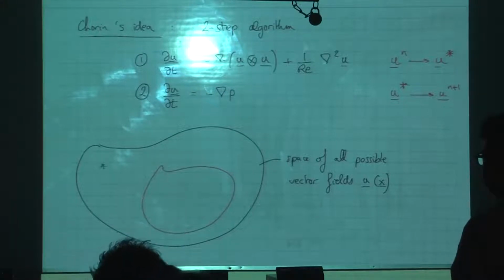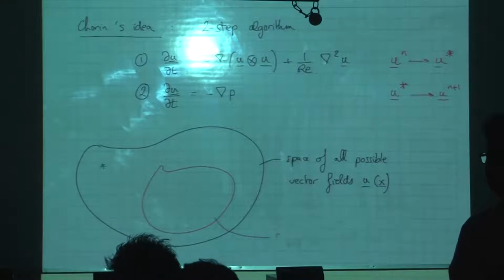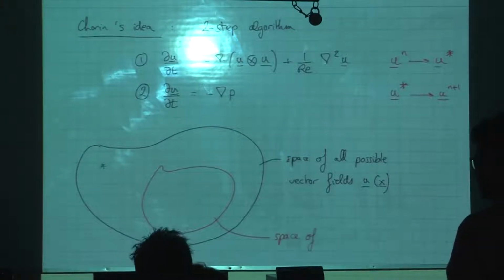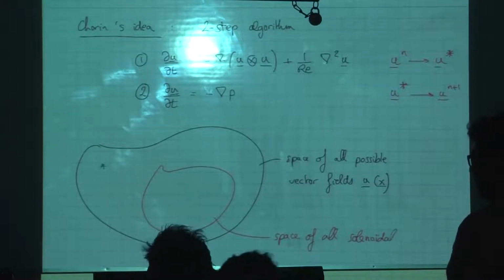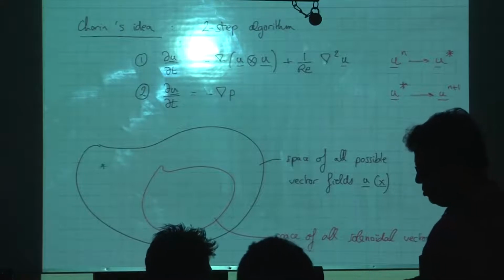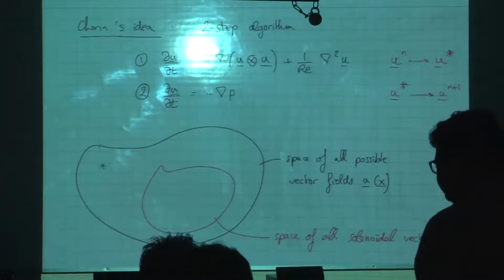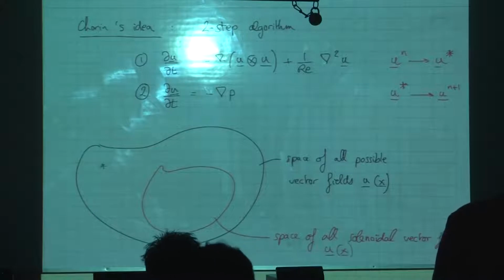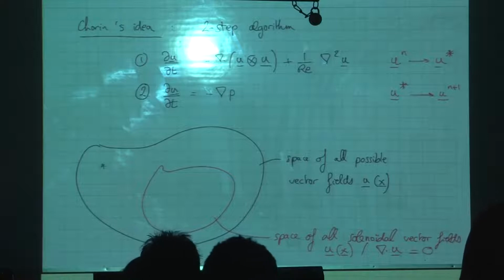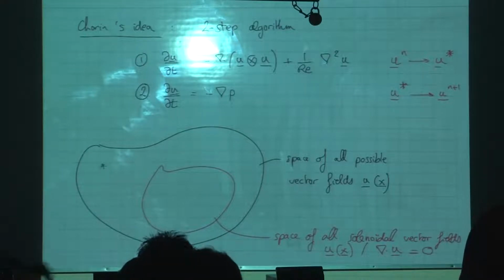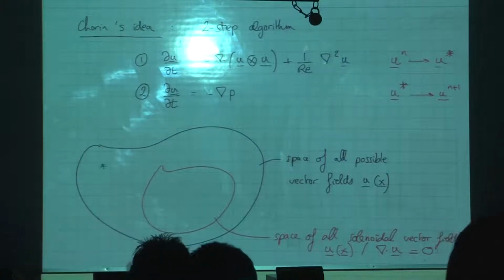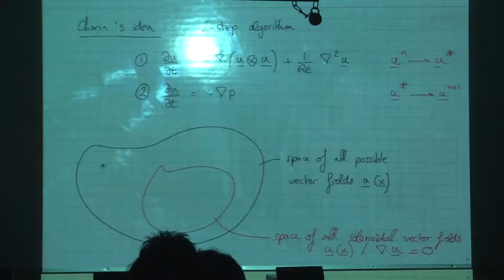That subset is going to represent all solenoidal u such that the divergence of u is 0. Okay, so we have two spaces, all the possible solutions that, say, our mesh can support, and all the possible solutions that our mesh can support, but that are also divergence-free, solenoidal. Okay?